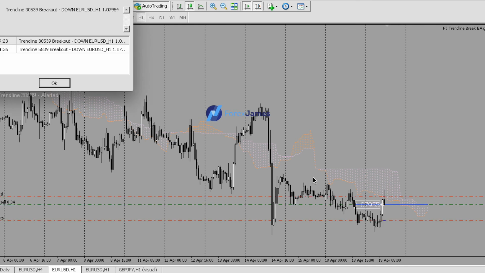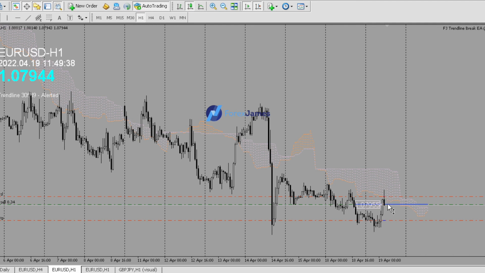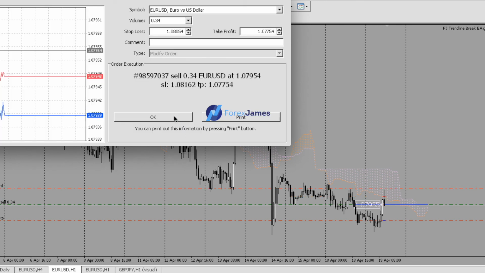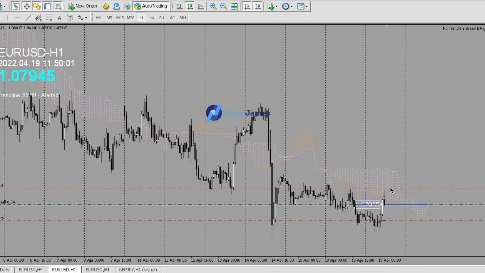There you go, we're in. This candle is yet to close, so it was counting the last 10 bars that have already closed. So it's not the best example. And in this case, I would just adjust the stop loss slightly. This would be the proper place to place the stop loss, above the wick here.